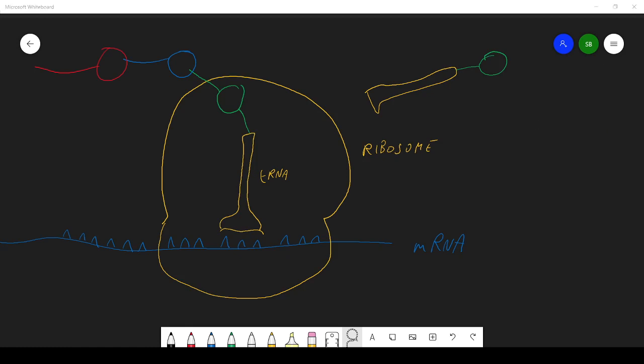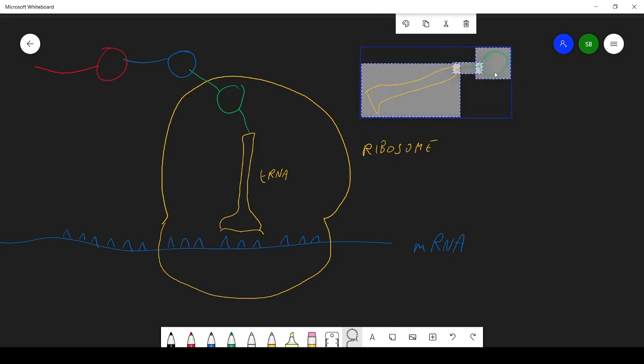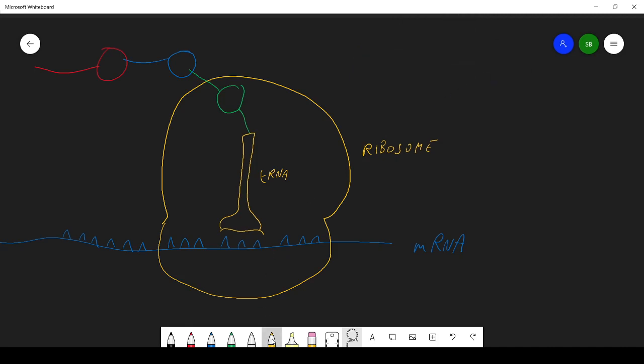Then the next thing that happens is the tRNA attaches itself to the next codon.